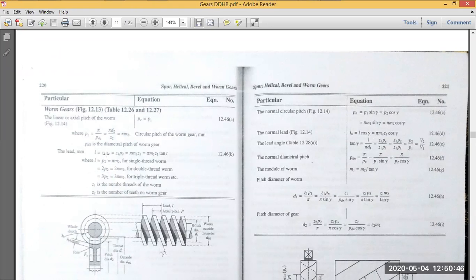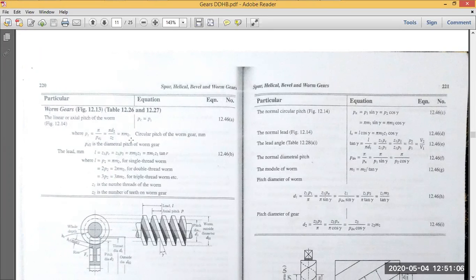So L can use that as pi M2. What is M2? There is no M2.